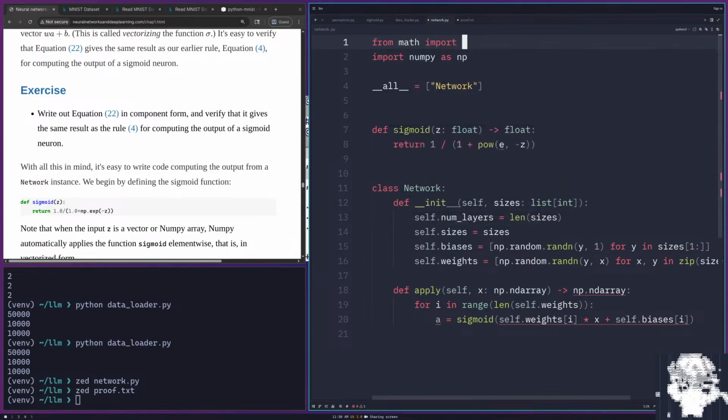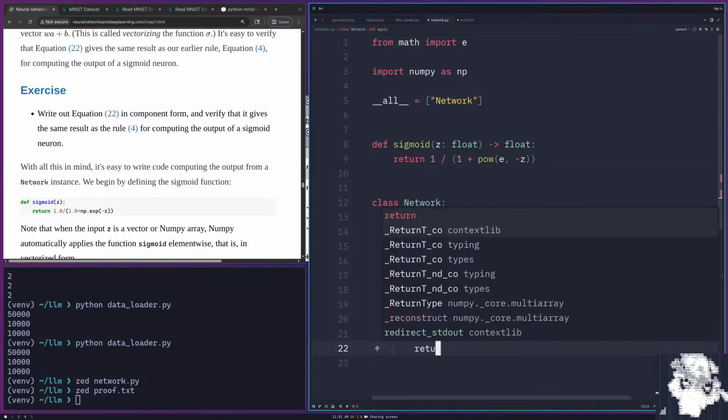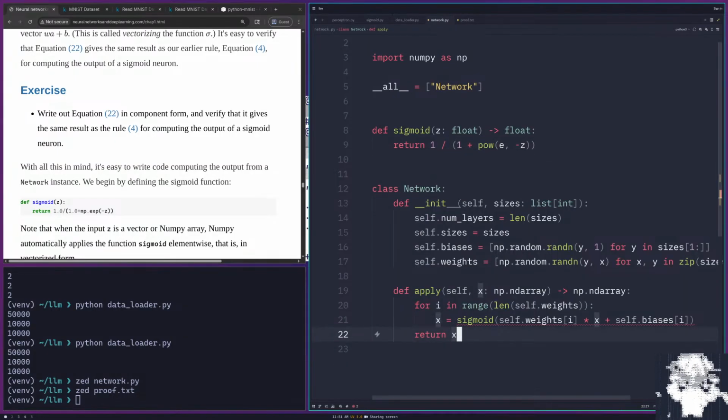From math import e. Okay, it starts at x, but then you have to keep, so I guess like my new x will be that, and then at the end you return whatever x was at the end.